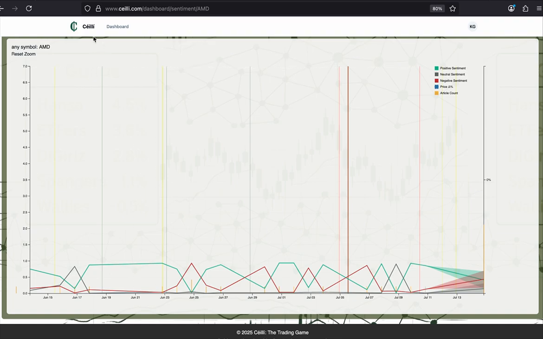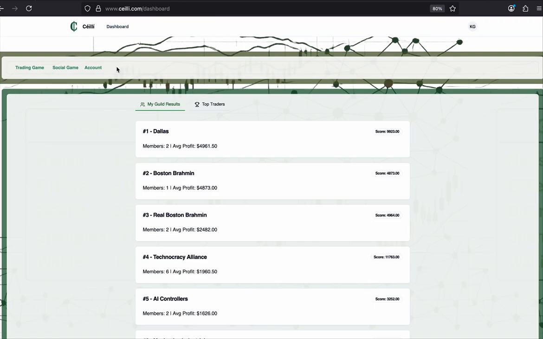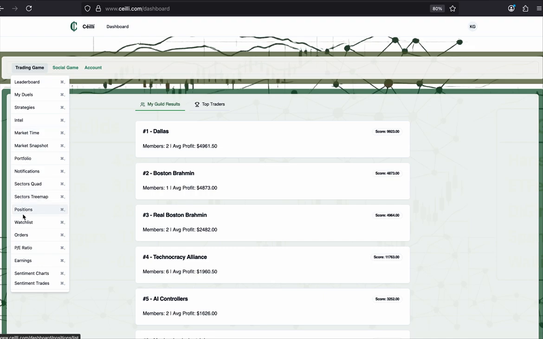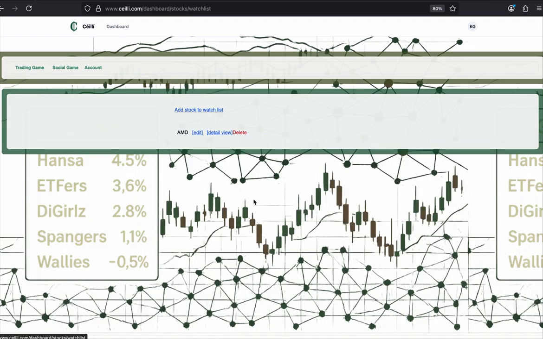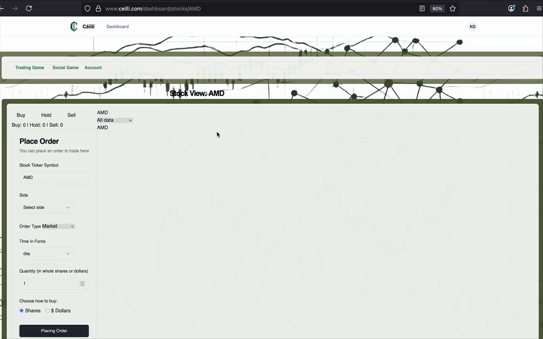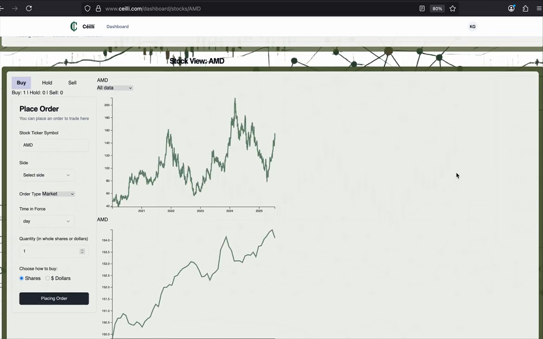I have AMD on my watch list right here. If we click on detail view, we can see the price chart.